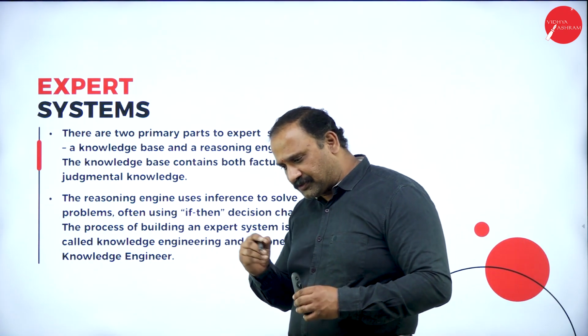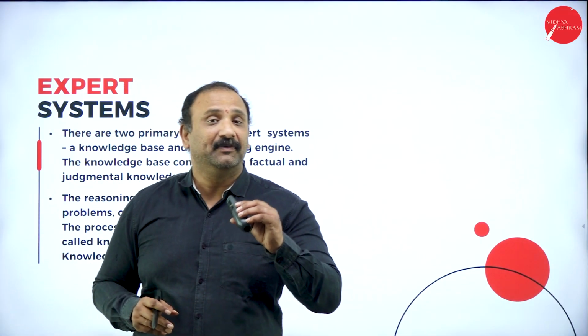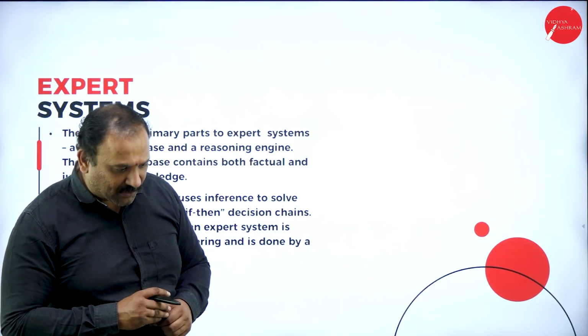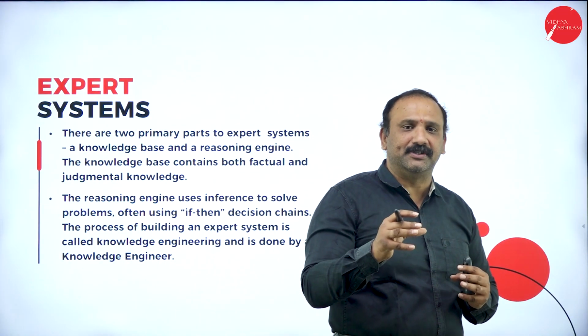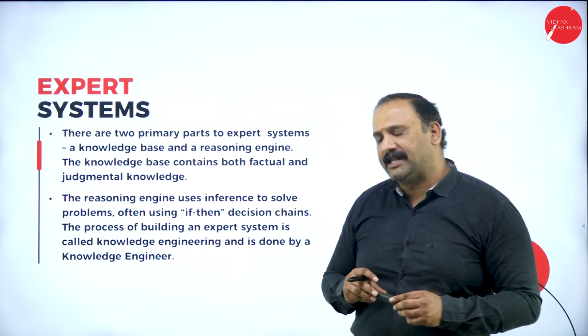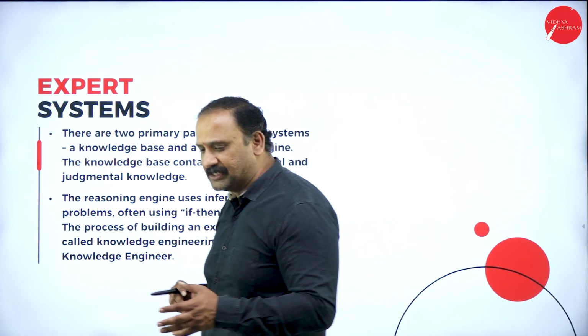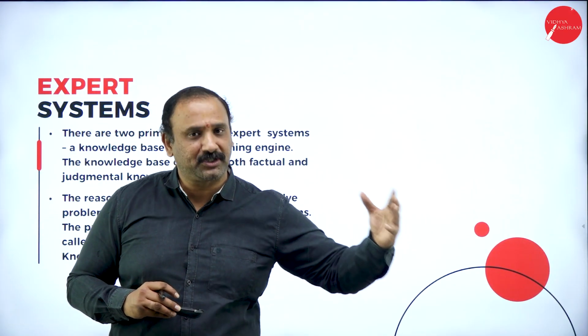So first of all, let's try to understand what an expert system is. Why do you even rely on an expert system? There are times when you want the answer, the solution, to be specific, to be up to the mark, which means you cannot rely on a generalist, you cannot rely on systems that give you all sorts of data.